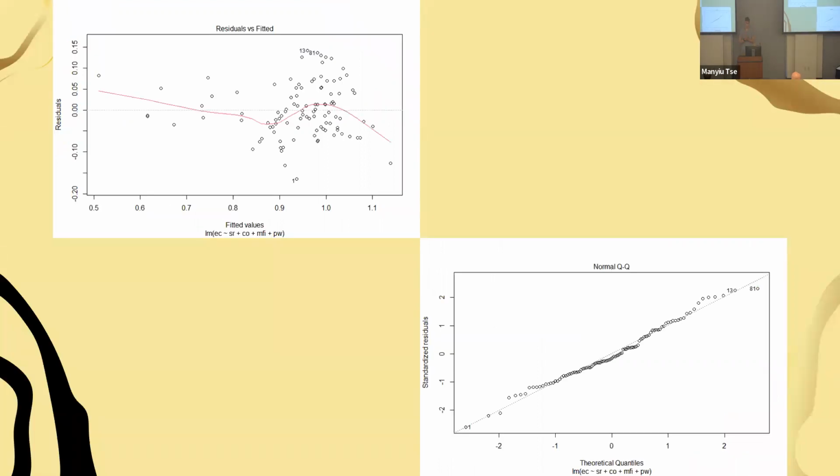Yeah, so these are graphs that we can check as well within RStudio. For this first plot in the top left, we want that red line to be as horizontal as possible, which would mean that there's a consistent variance within the overall model itself. This isn't horizontal, but it's relatively close.